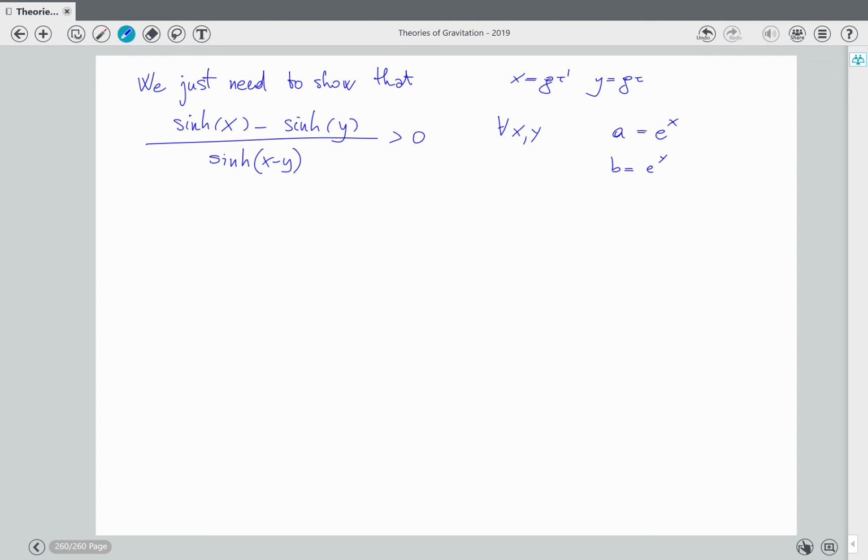Hyperbolic sine of x is a minus 1 over a, where a is e to the x, divided by 2, but the division by 2 is up and down, so minus b plus 1 over b. And what is the hyperbolic sine of x minus y? It is a divided by b minus b divided by a.